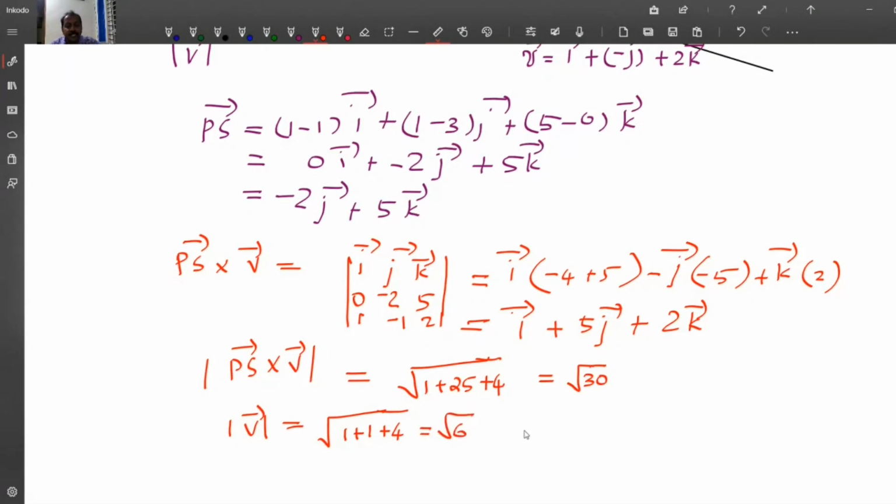Therefore the distance D equals root 30 divided by root 6. So you are getting this as root 5.